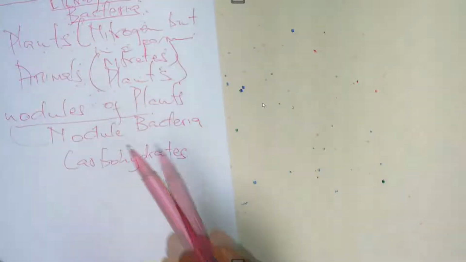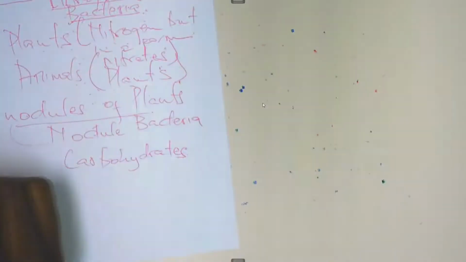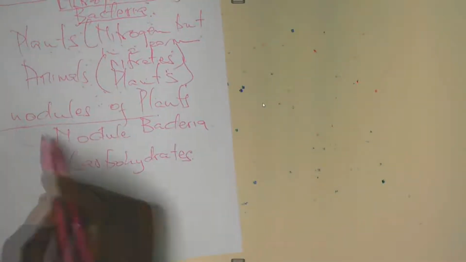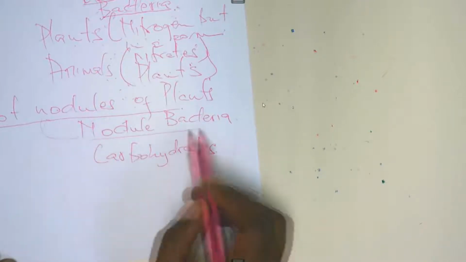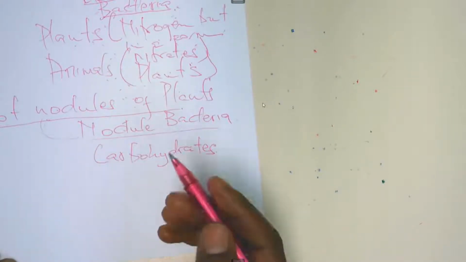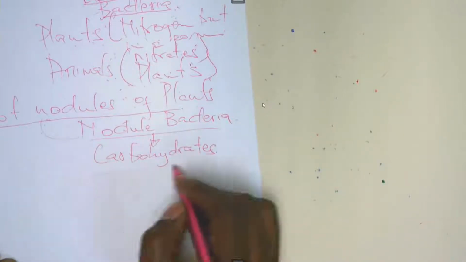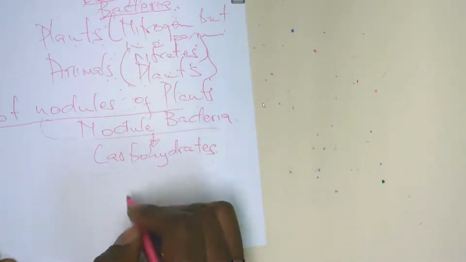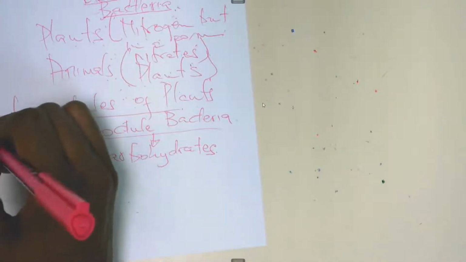And then after that, some of these nitrogen fixing bacteria are found in the root nodules of the plants, and we call them the nodule bacteria. So they benefit from the plants by getting carbohydrates. And then plants also benefit from this bacteria by what?